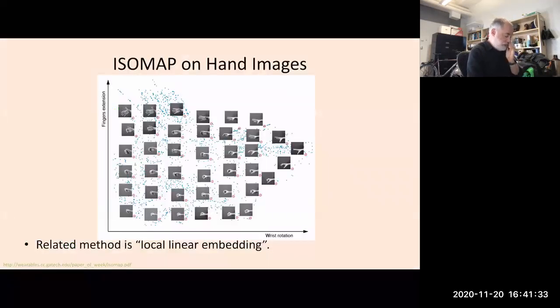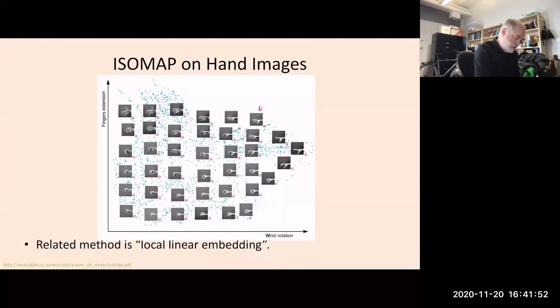And here's an example of another data manifold. These are black and white or grayscale images of hands that are either open and closed or rotated, and any combination thereof. So there's really only 2 axes of variation, right? Again, these are going to be very high dimensional.